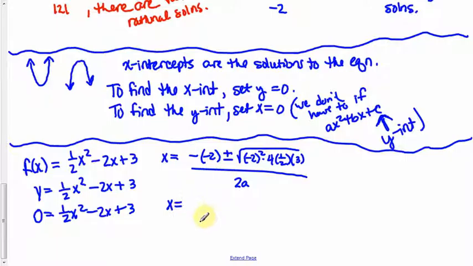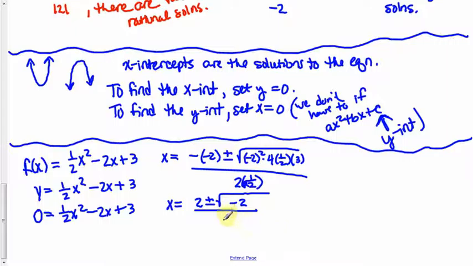Remember, the x-intercepts are your solutions when y is 0. So it's going to be positive 2 plus or minus the square root of, and I did this a minute ago, it's 4 minus 6, so it's negative 2. Oops, I forgot to put the a in. 2 times 1/2, sorry. My bad.